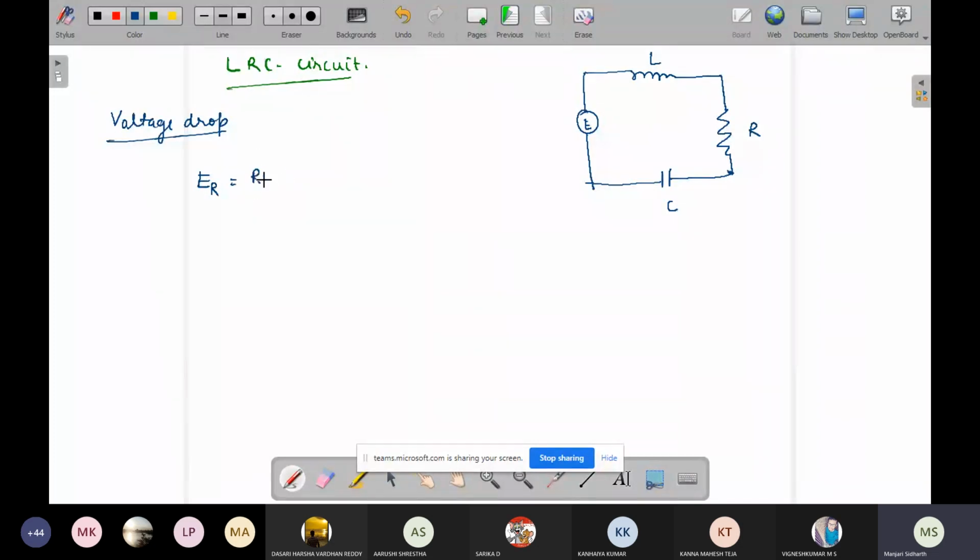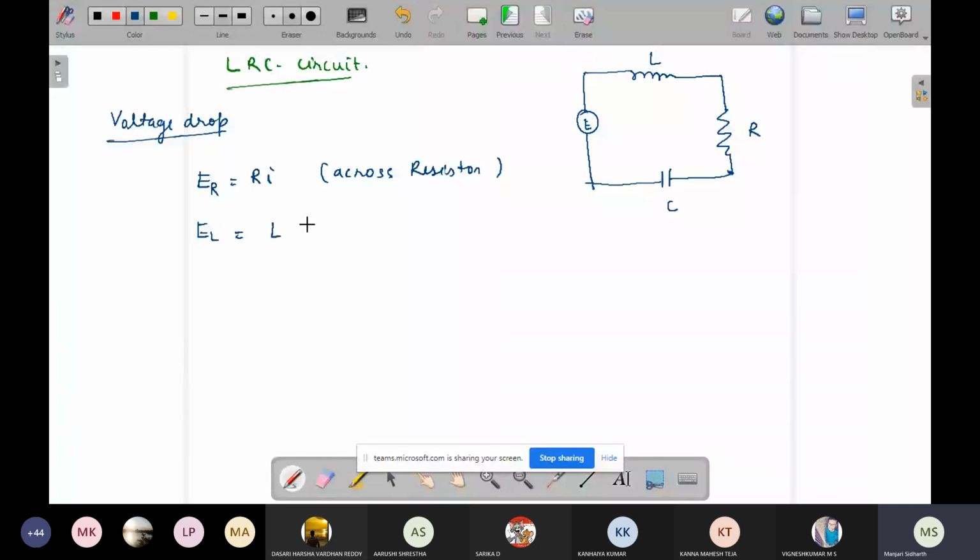So we'll just take Ri, right? That is across resistor. Then the voltage drop across the inductor, EL, is always proportional to di by dt.